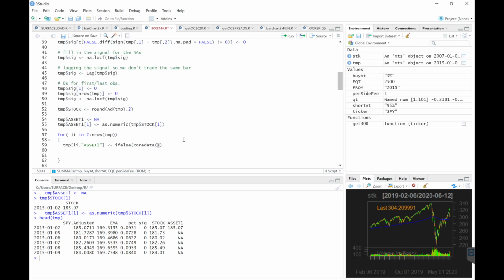We'll use coredata temp sig. It's the same as coredata temp ii minus 1 sig, and we use temp.